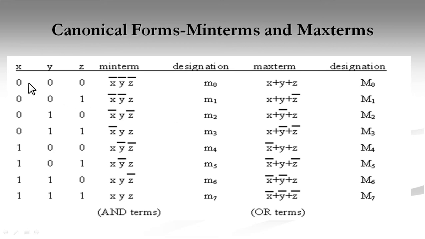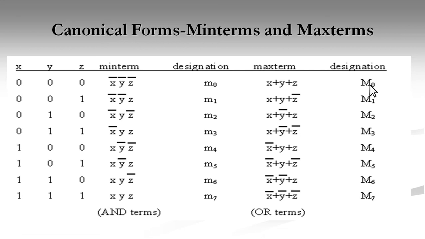When you go to maxterm, the same truth table will be used. We will be writing maxterms x plus y plus z because it will reverse. 0 stands for uncomplemented variable in the maxterms, whereas in the minterms it stands for complemented variable. You can see the difference over here. So the first term is designated as M0. The M over here will be capital.